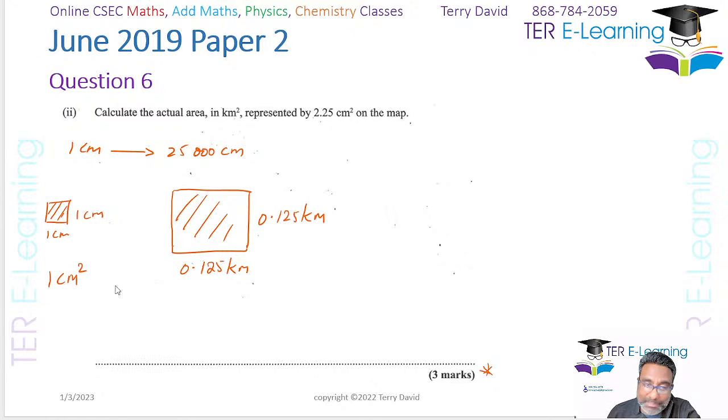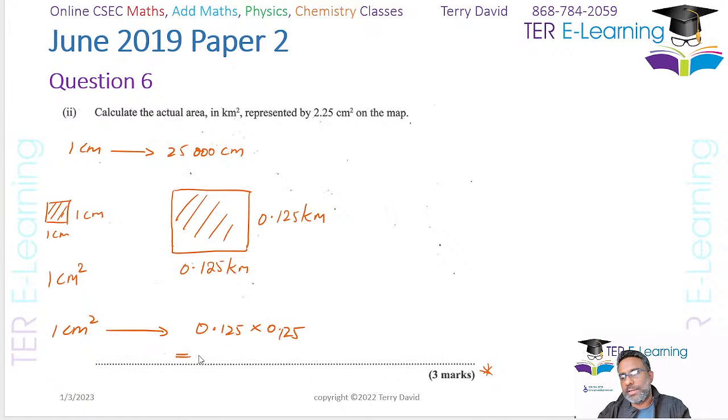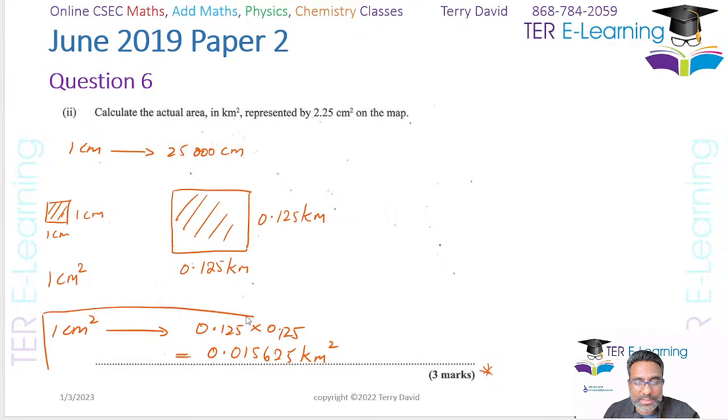So what that means is that 1 cm squared is actually represented by 0.125 multiplied by 0.125, and that's going to give me 0.015625 kilometers squared. So that's my conversion. This is what I need in order to work out that question.